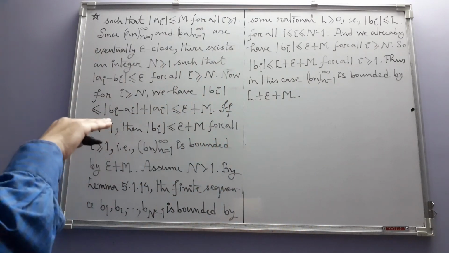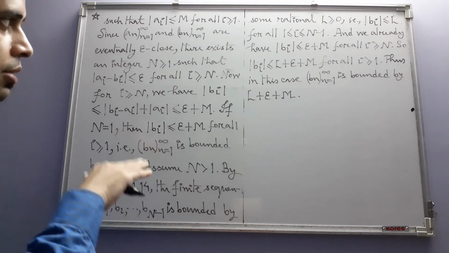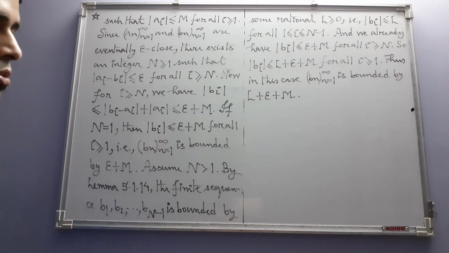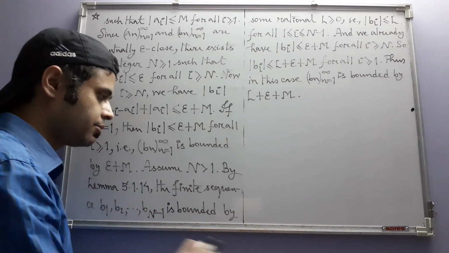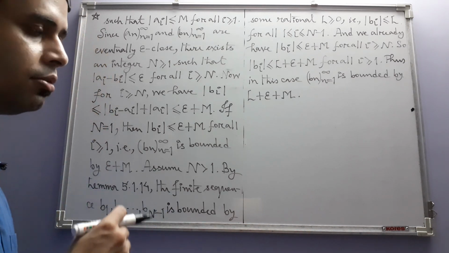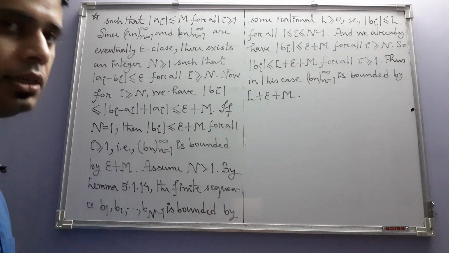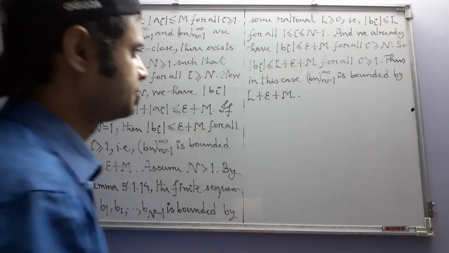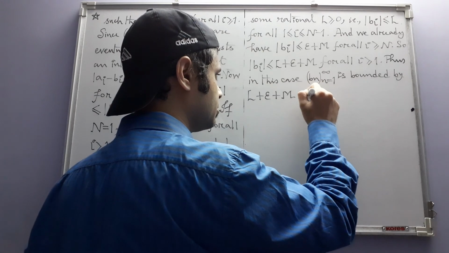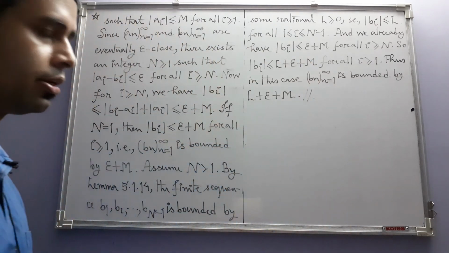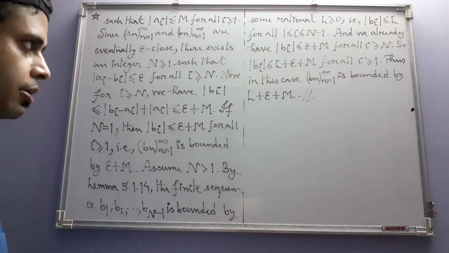So equivalence of an and bn and boundedness of an makes us conclude that bn is also bounded. So both Cauchiness and boundedness get transferred from a sequence to any equivalent sequence. So this completes the solution, and it completes this section also.